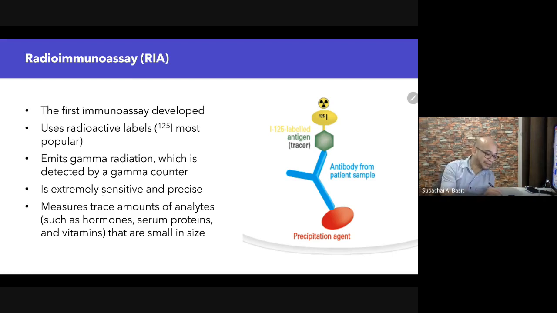It is extremely sensitive and precise and can even measure trace amount. When we say trace amount, we are referring to a very small amount of hormones, serum proteins, and even vitamins. So the immune complex would appear like this, no?